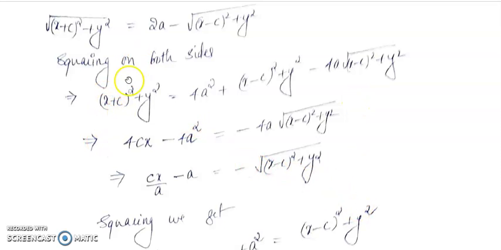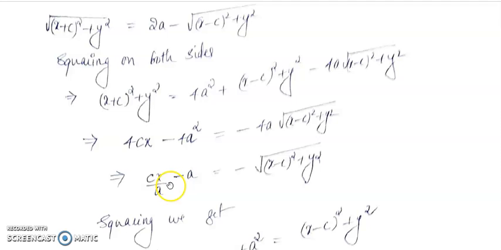Now you can cancel out x square, c square and y square on both sides. So we are left with 4cx on the left side. So 4cx minus 4a square will be equal to minus 4a into root of (x minus c) whole square plus y square. Now divide throughout by 4a.